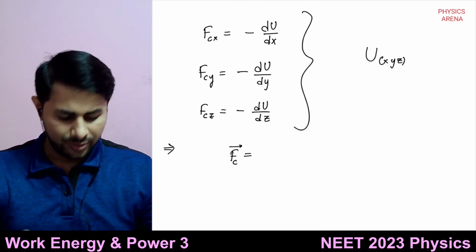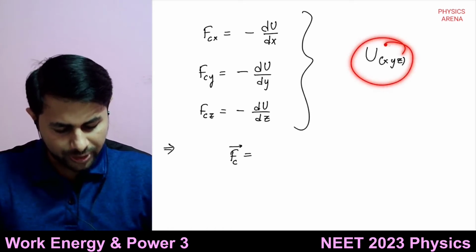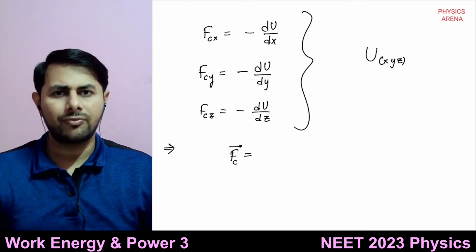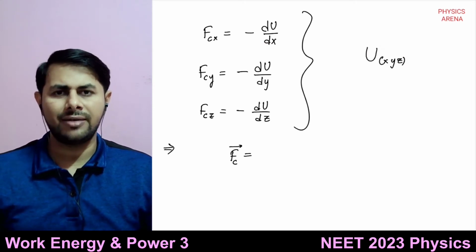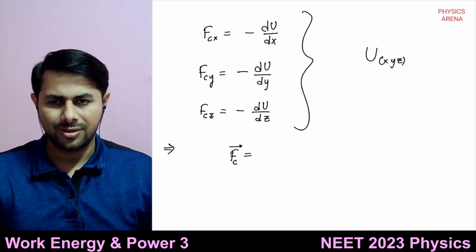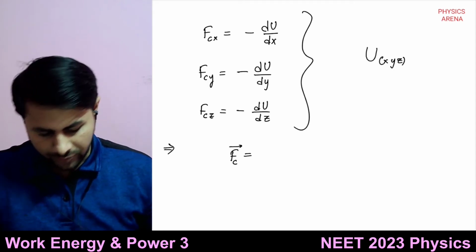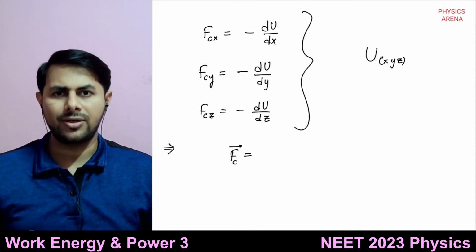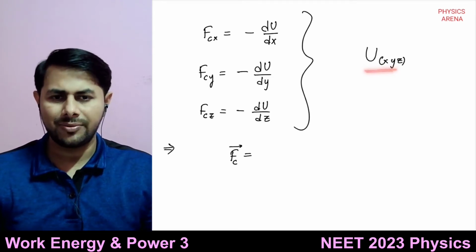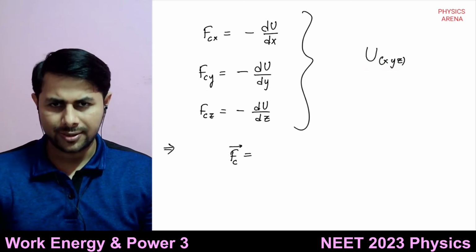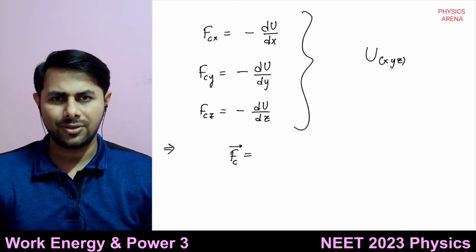When you take the derivative of this potential energy with respect to x, you will treat y and z as constants.